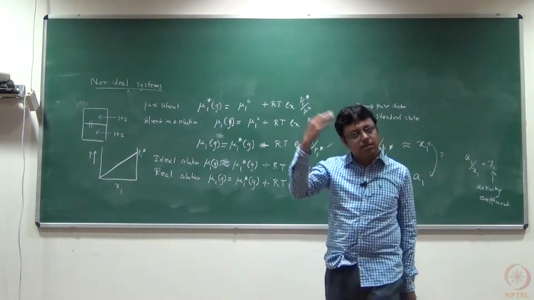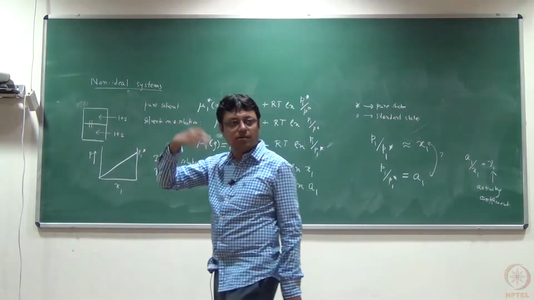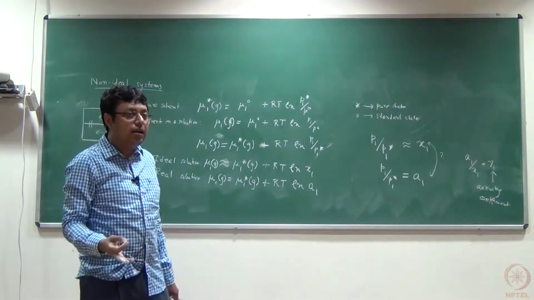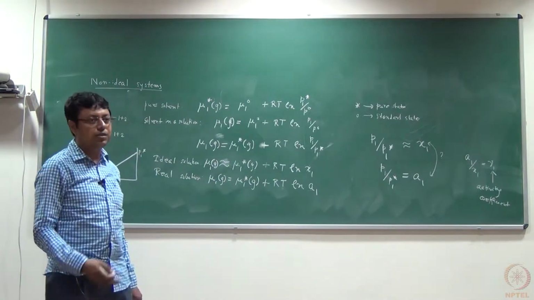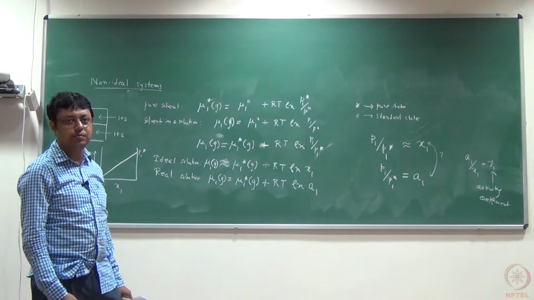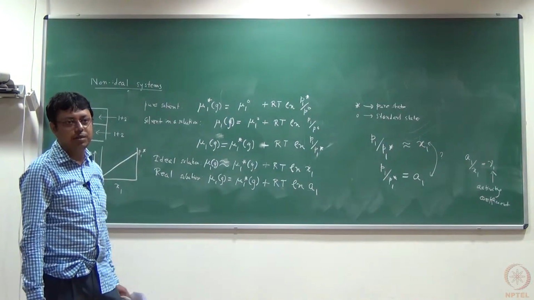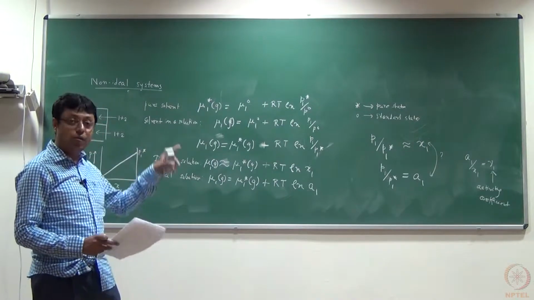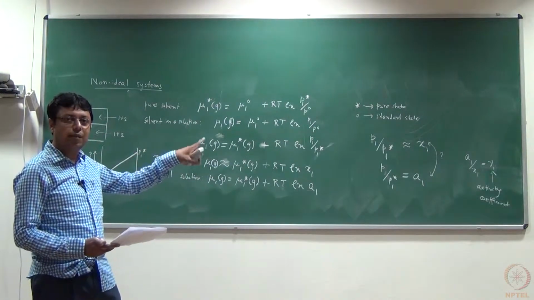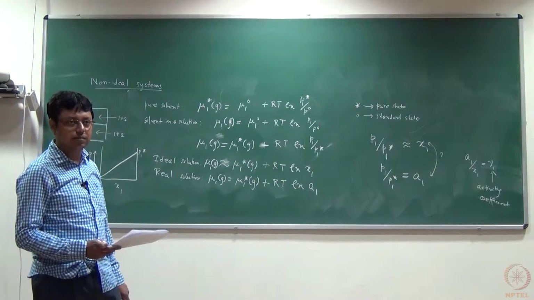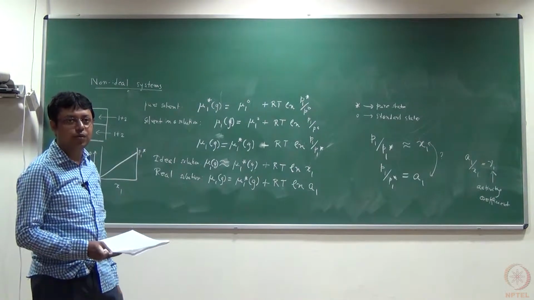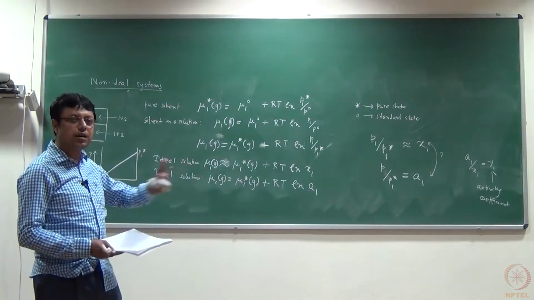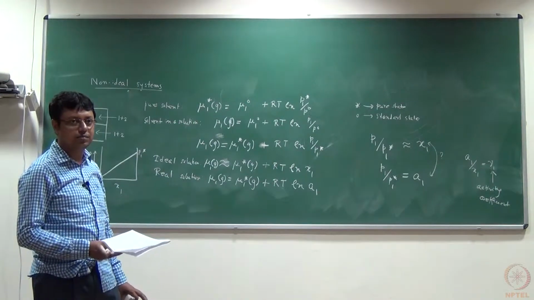Clear? I'm making an analogous thing. But I really do not care, because I know activity is P1 by P1 star, which I can experimentally measure. Clear? Raoult's law itself is of course an approximation, because P1 by P1 star can never be X1.